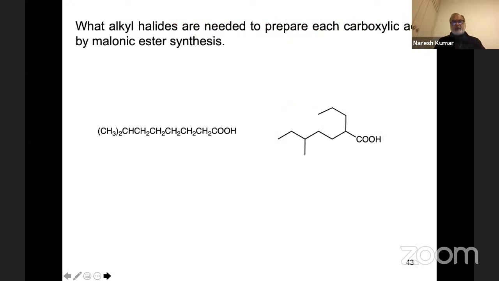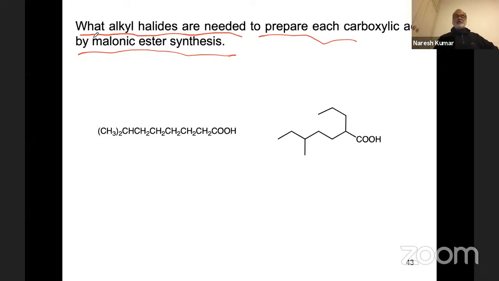So I got a couple of questions here for you. The question is, what alkyl halides are needed to prepare each carboxylic acid by malonic ester synthesis? So we are giving you a hint here already that these compounds are going to come from malonic ester synthesis.